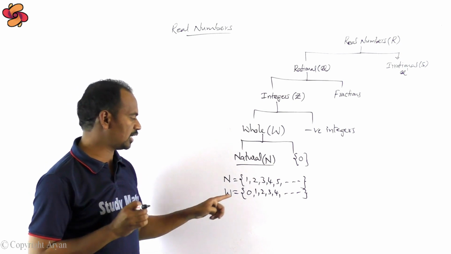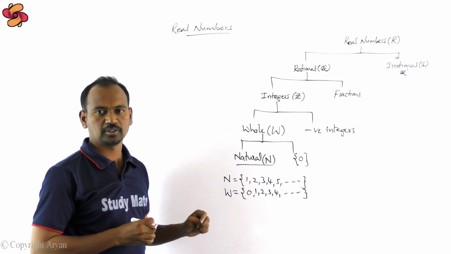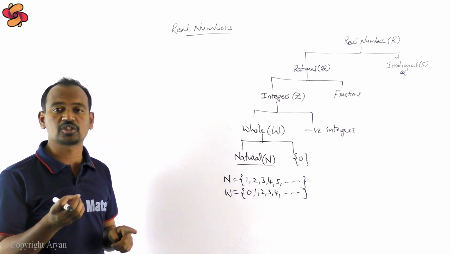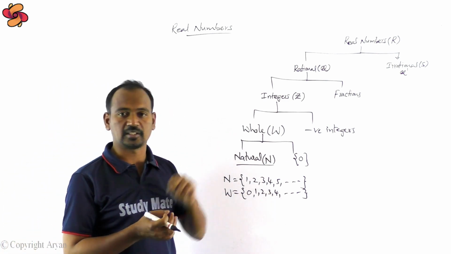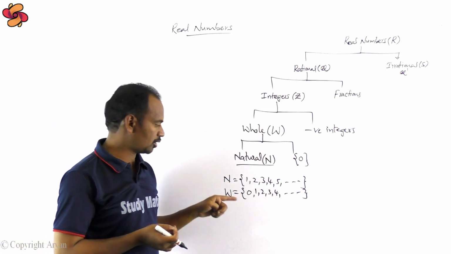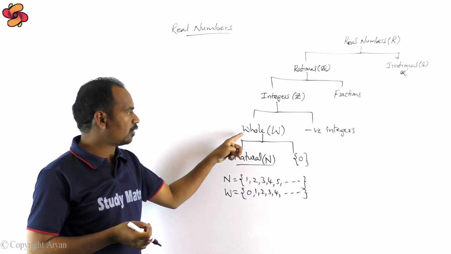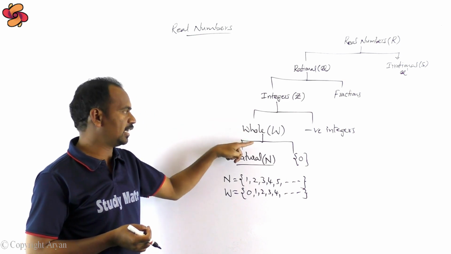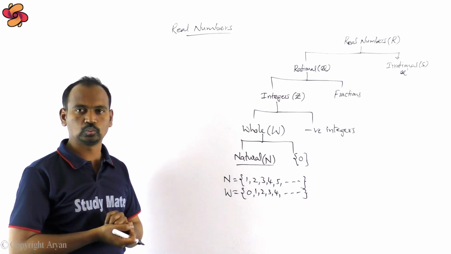Here we can say the least whole number is 0 and the greatest whole number can't be defined or does not exist, we can say, since the set of numbers is infinite here. In the word whole, the first letter is W, no? That's why the set is denoted by W.